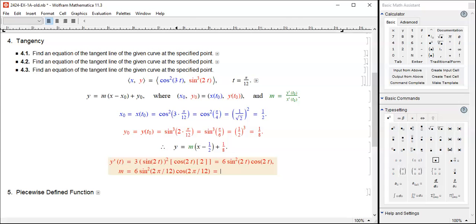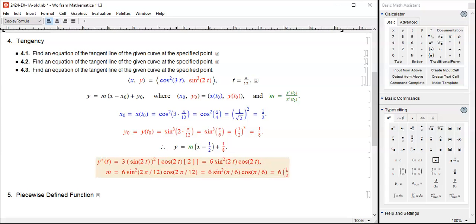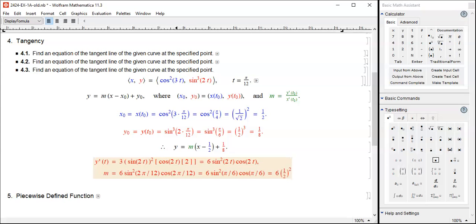And let's see, what do you have? 2 pi over 12, so it's gonna be pi over 6, and then pi over 6. Let's see, what is sine of pi over 6? Sine of pi over 6 is 1/2. That thing squared. And what is cosine of pi over 6?